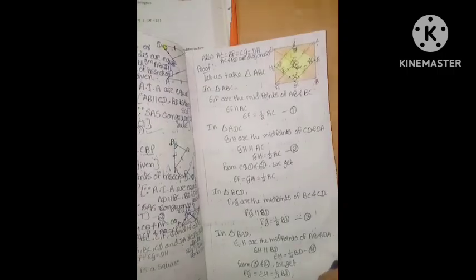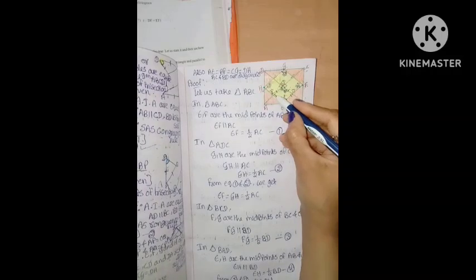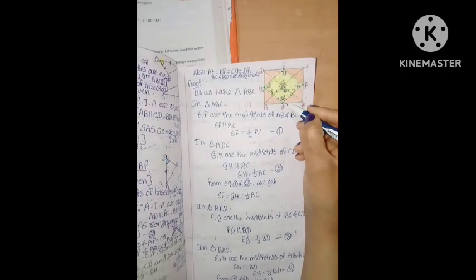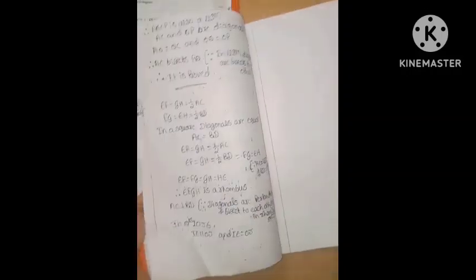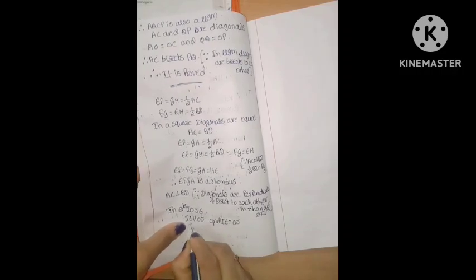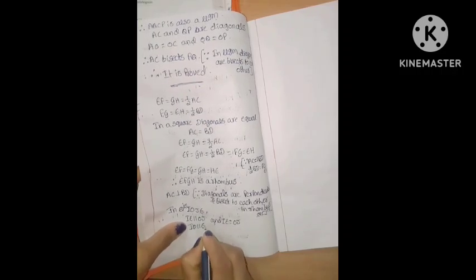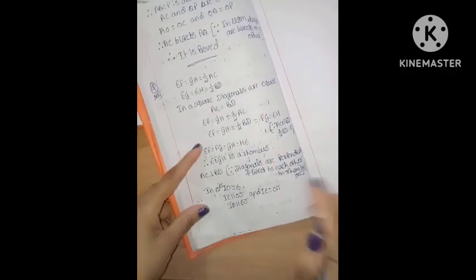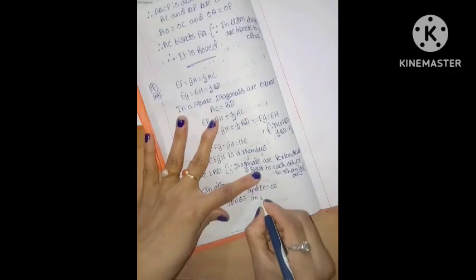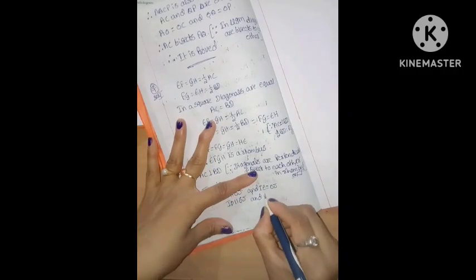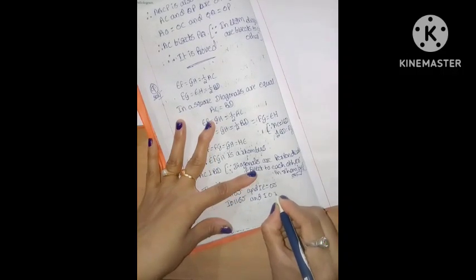And next, IO is parallel to EJ, and equal also. Parallel and equal. In the quadrilateral, these two sides are parallel and equal.